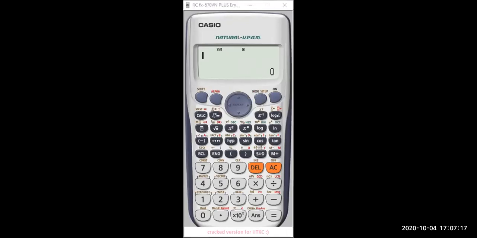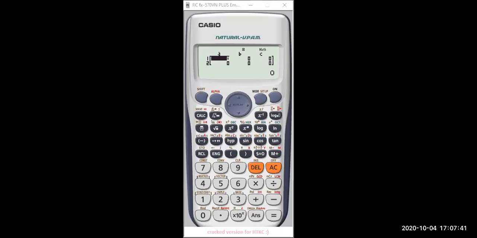What is the first equation? 14 I1, 5 I2, 50. How many variables are there? Two variables. The first one is 14 minus 5, 50. So go to the mode. There is an equation option, press 5. How many variables? 2. Press 1.